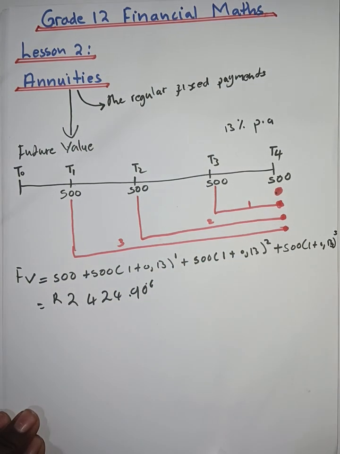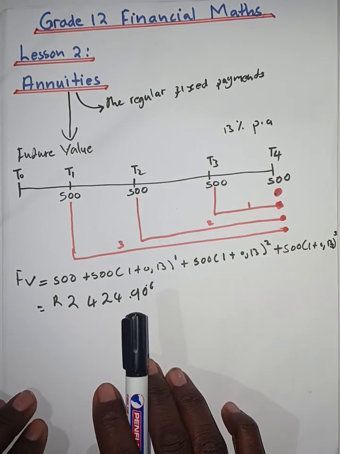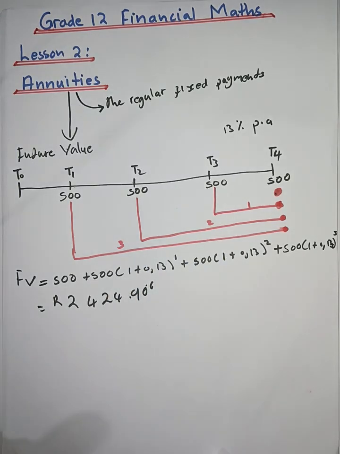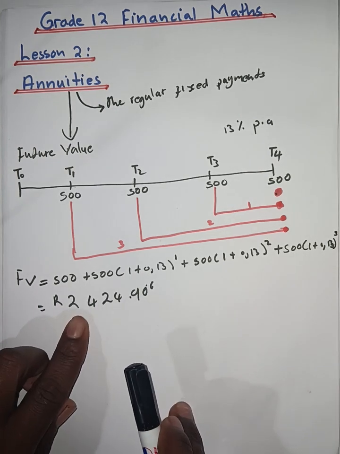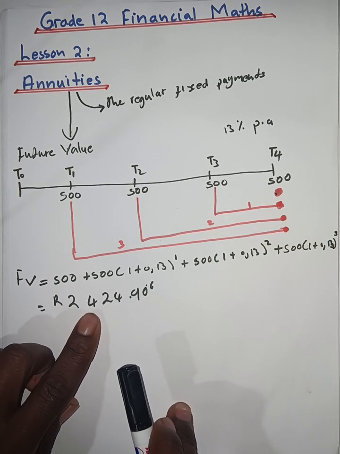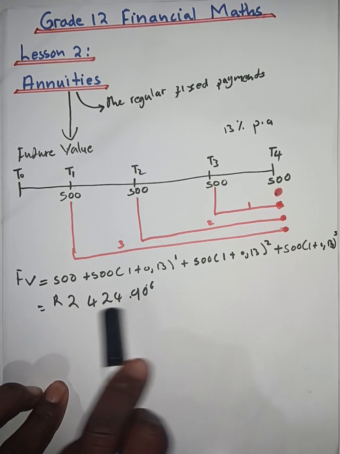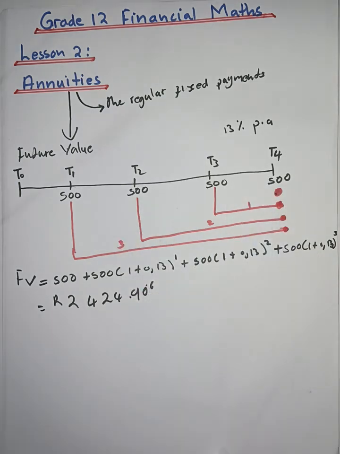You can see why we said you cannot take this 500 and that and add them up and say I have 2,000, because money earns interest as time progresses. The solution we got was 2,424 rand, so that 424 is the interest earned as time progressed.